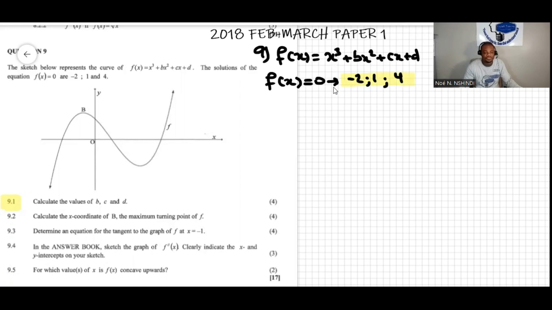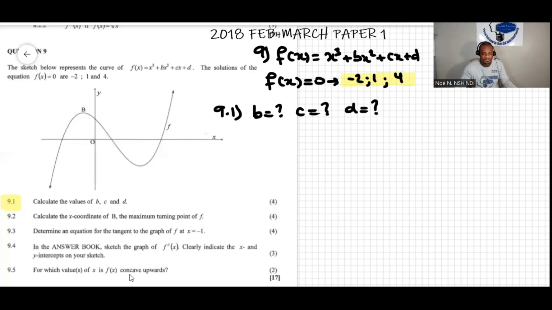Now, the first question here, question 9, says calculate the value of b, c, and d. So on the right here, 9.1, we're looking for the values of b, c, and d.